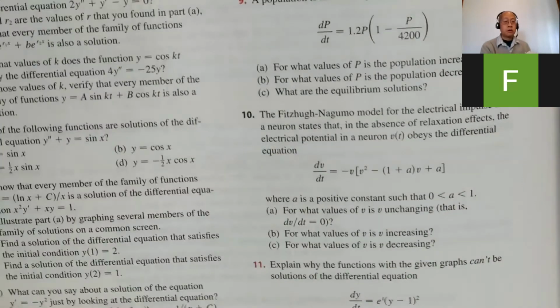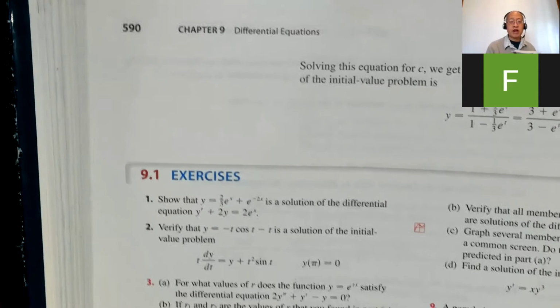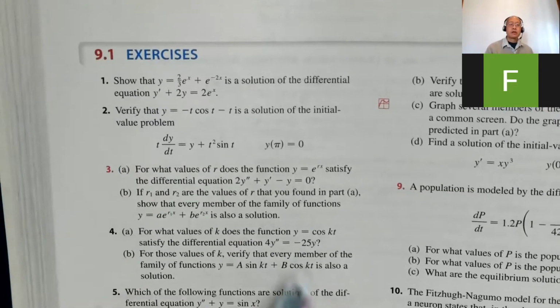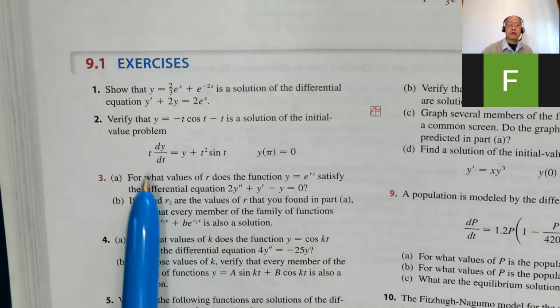Okay, so back to differential equations. We're in section 9.1, page 590. We're at the very beginning stages, baby stages of differential equations.